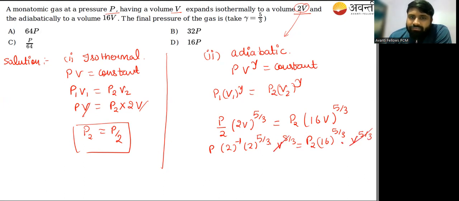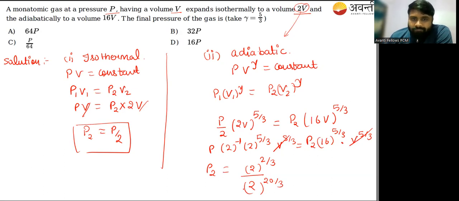You can cancel out this V. And finally, what do you have? P2 is equal to, if you take this, 2 raised to the power 2 by 3, since minus 3 plus 5 becomes 2, divided by 2 raised to the power 20 by 3.